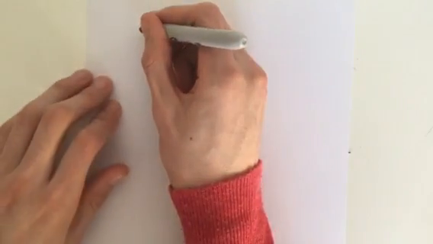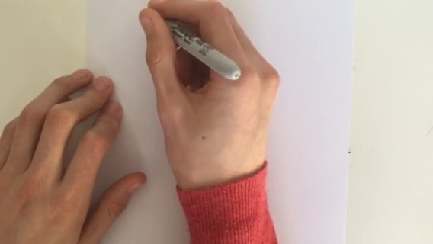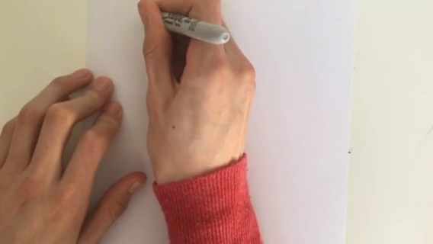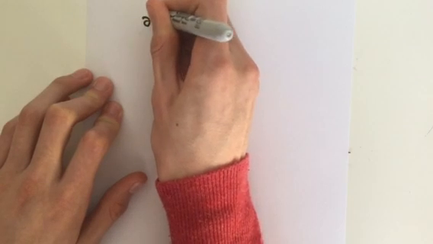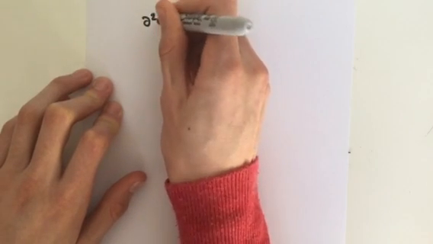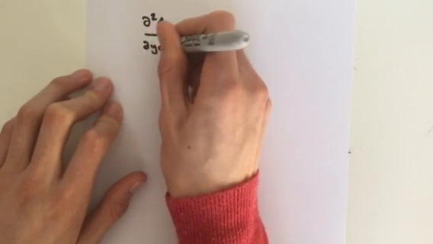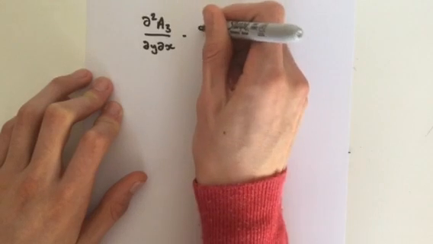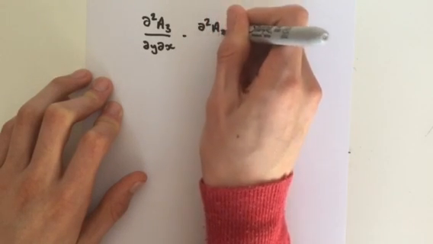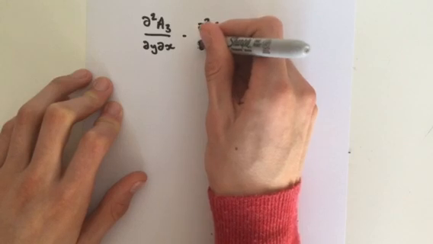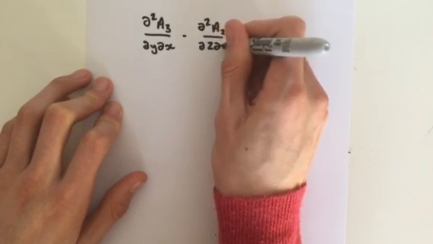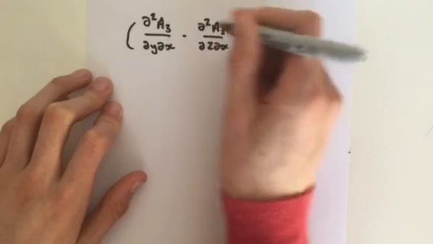So let's do that then. Again, we have therefore the second partial of A3 with respect to y and x, minus the second partial of A2 with respect to z and x. Multiply that by i.